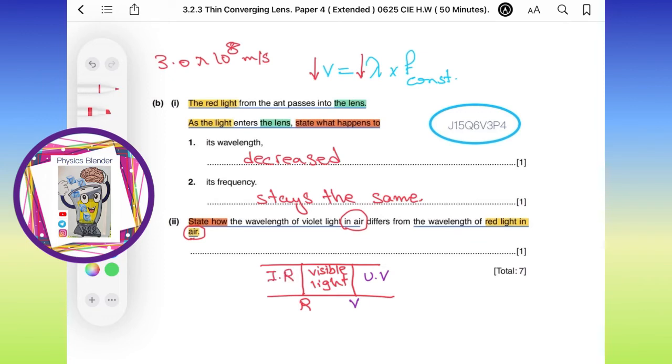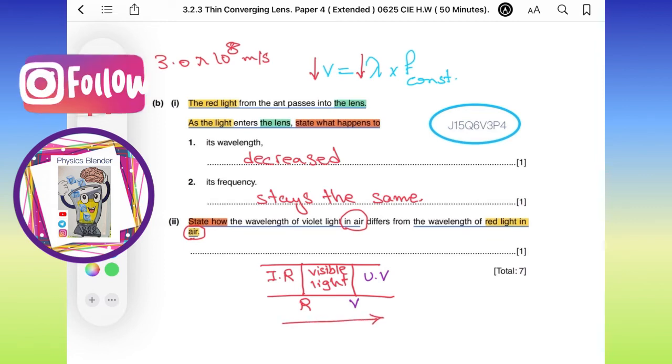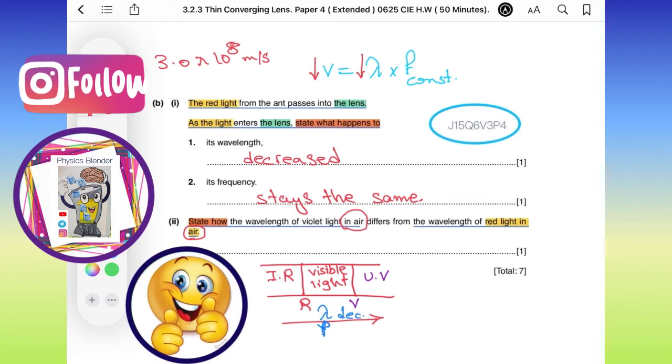One of the features of the electromagnetic spectrum is that as you move from infrared, visible light, ultraviolet in this direction, the wavelength decreased and the frequency increased, but the speed is constant, which is the speed of light in vacuum or air.